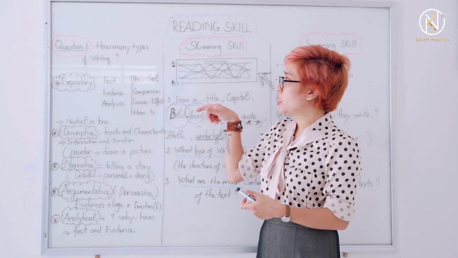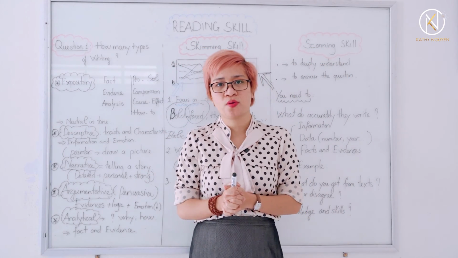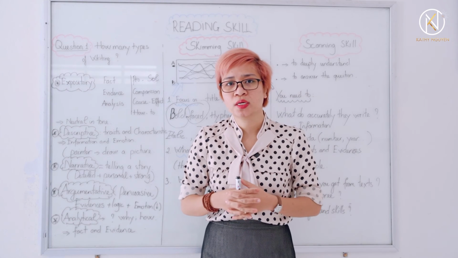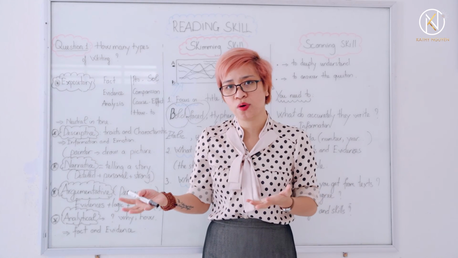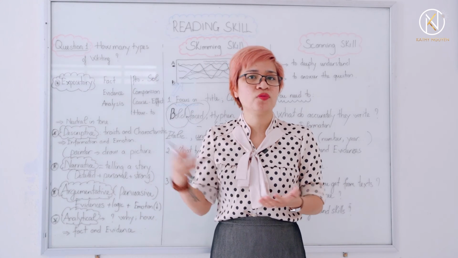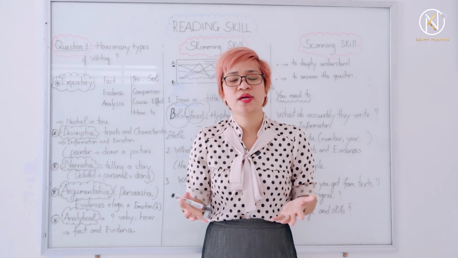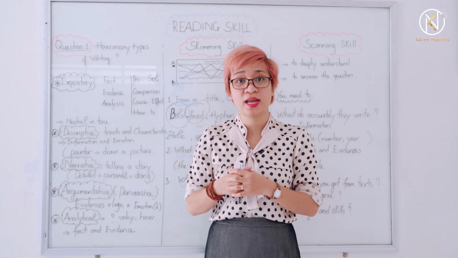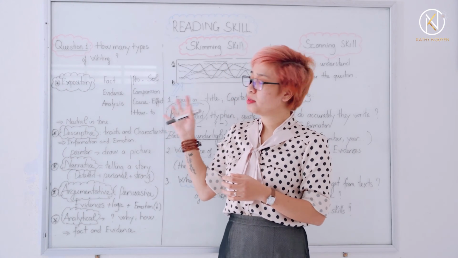So all the things that you need to do for your reading skill, everyone, reading is not hard. It's just about how hard we work, how hard we read every day. And reading is beneficial for your brain. So try to read as much as you can, okay? And remember 3 steps.